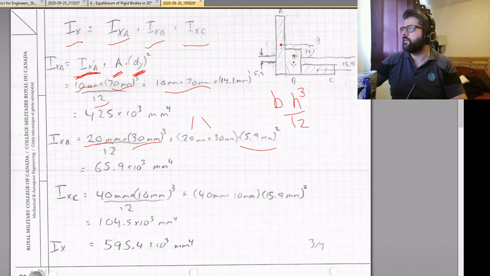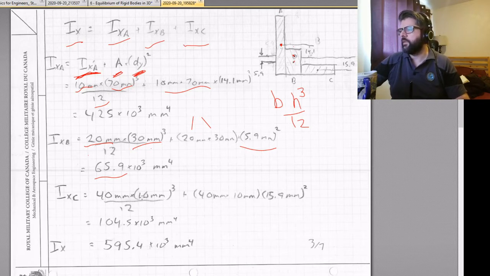So in this instance, the centroid there is located at 15 millimeters, so from the centroid to that point is going to be 5.9 millimeters, which works out to 65.9 times 10 to the 3 millimeters to the fourth.